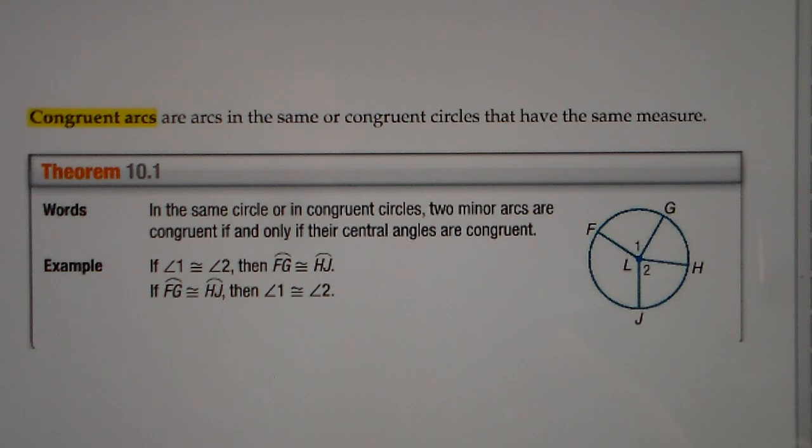They're congruent arcs. All that means, once again, if angle 1 is 50 degrees, a congruent arc means it has the same length. So if angle 1 is 50 degrees, that means angle 2 is 50 degrees. If angle 1 was 70 degrees, the congruent arc of angle 2 will also be 70 degrees. It means it has the same number of degrees.